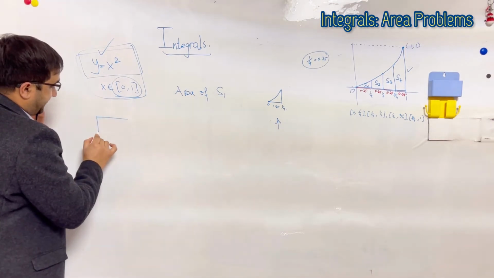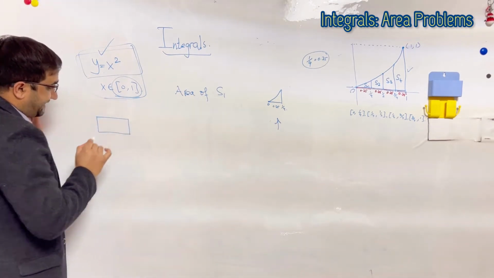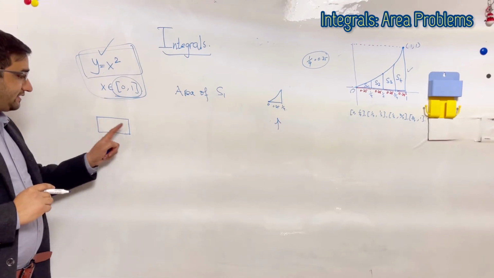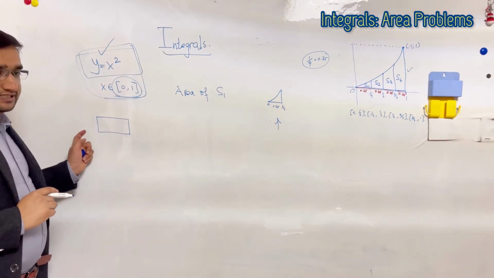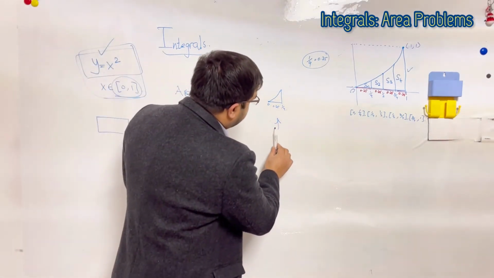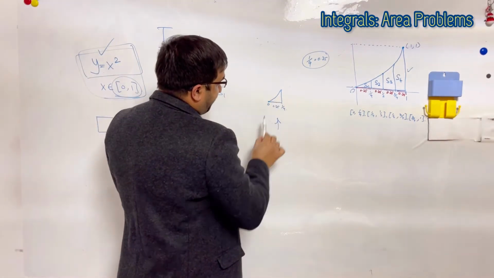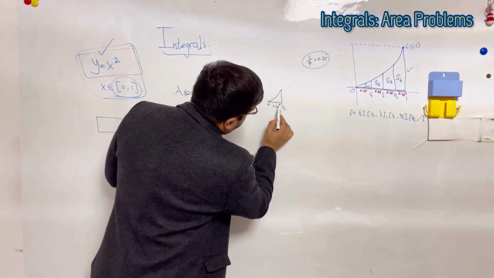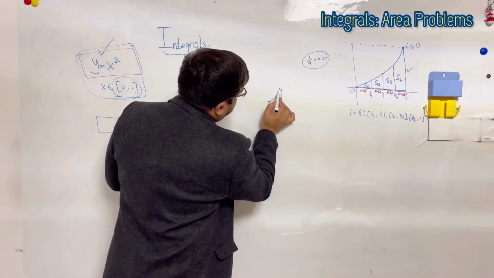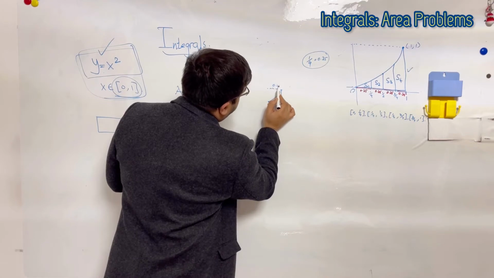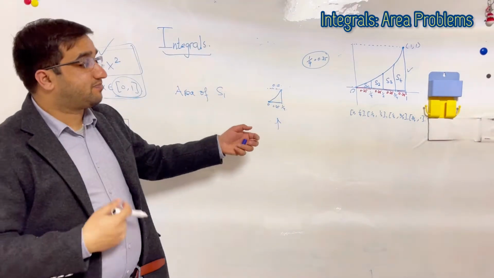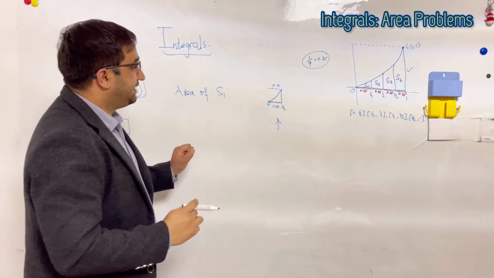A rule of a rectangle is that the opposite sides will have the same width. This one will be the same, these two will be the same. So if I'm assuming this is a rectangle, then whatever width is this, the corresponding width will be the same. It will be 0.25, which actually doesn't exist, but I am assuming in my mind.